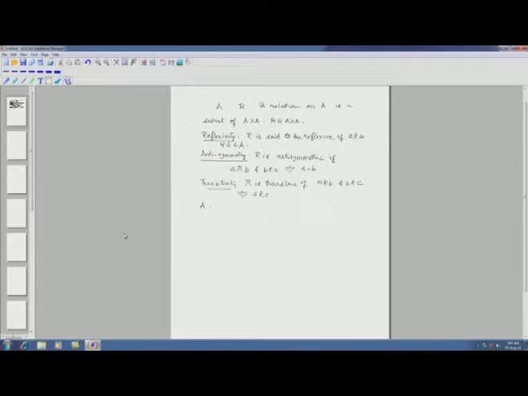A relation R on a set A is said to be a partial order if it is 1 reflexive, 2 antisymmetric, and 3 transitive.